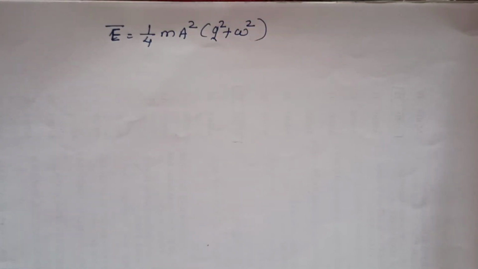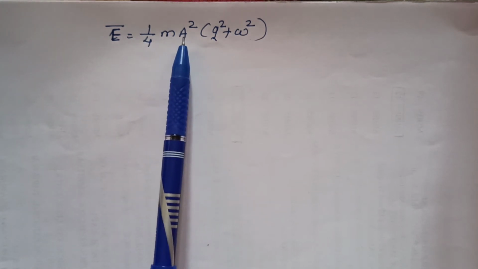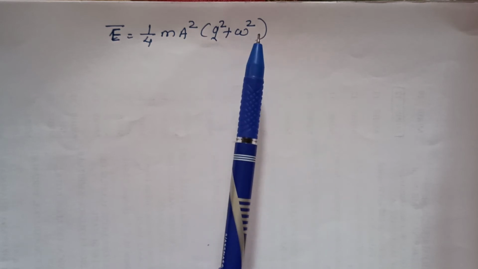Average energy E bar is equal to 1/4 m a^2, taking a^2 as common inside the bracket, (q^2 + omega^2).